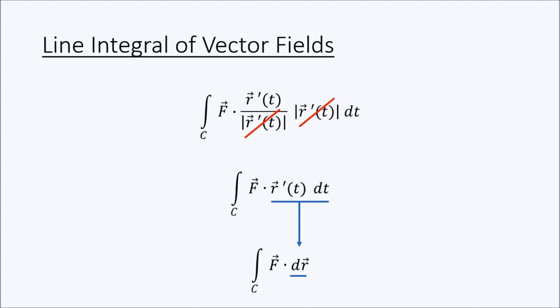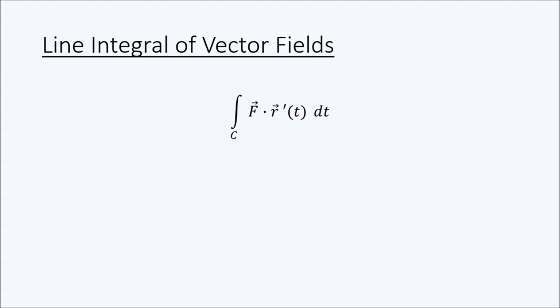So it's dr. And this, put the stars around it, put the box around it, this is probably the most common way that we represent our line integrals. This is pretty much how every example in your textbook and every example in the homework is going to be written. So just make sure you know that when you see that, work backwards that one step to find r prime of t dt.